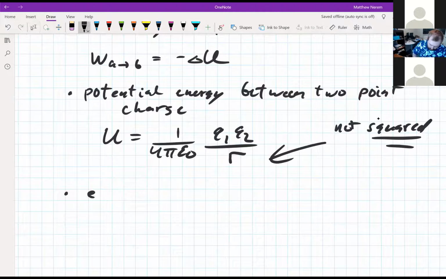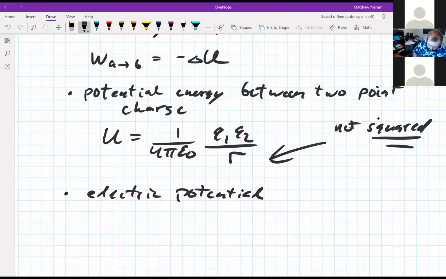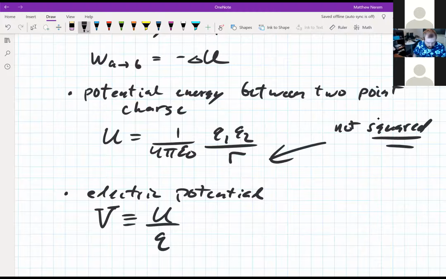We could find electric potential, right? So the thing is the electric potential was defined as the energy per unit charge, which we want, the useful expressions.